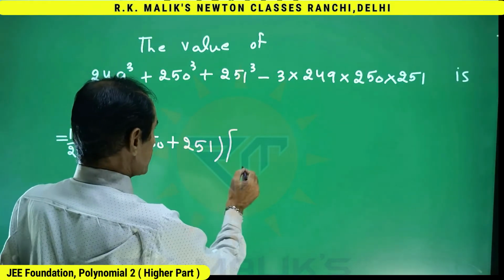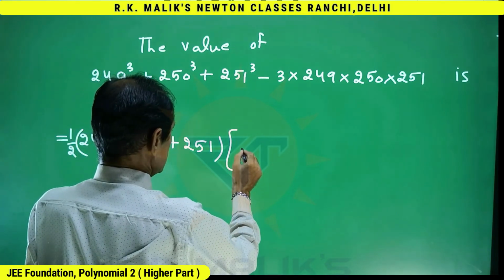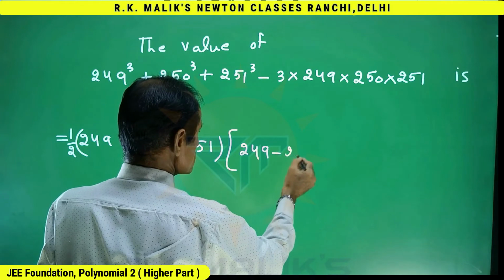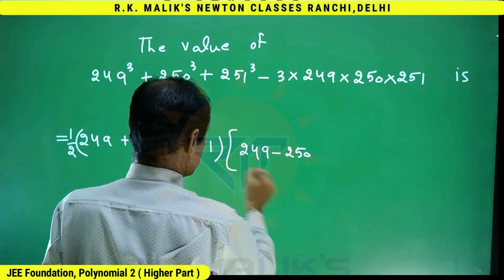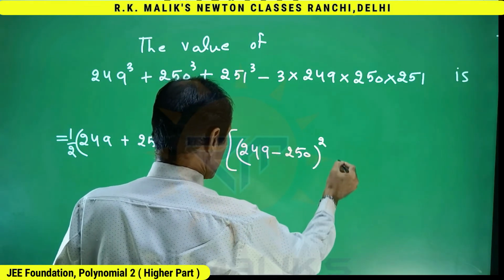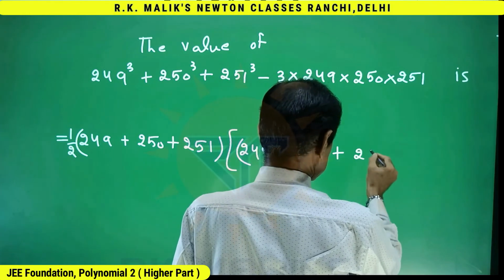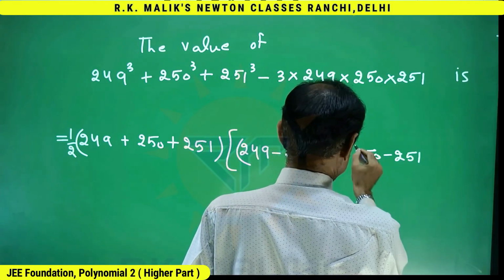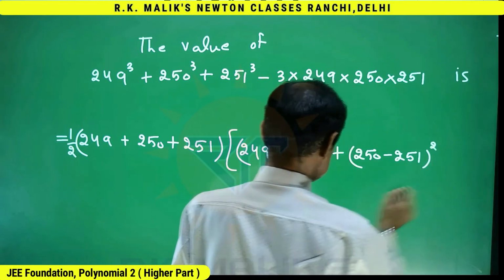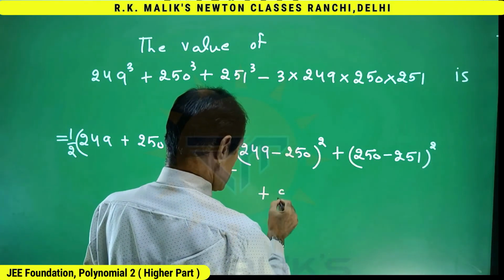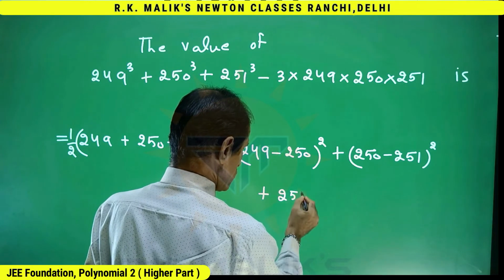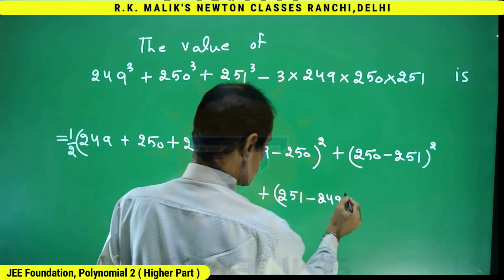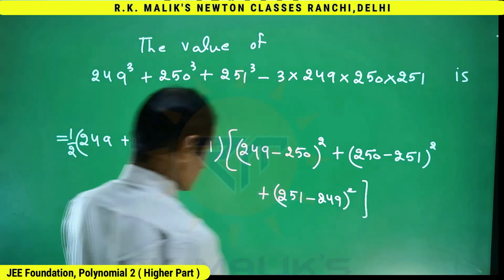And here in the bracket you will get 249 minus 250 whole square plus 250 minus 251 whole square plus 251 minus 249 whole square.